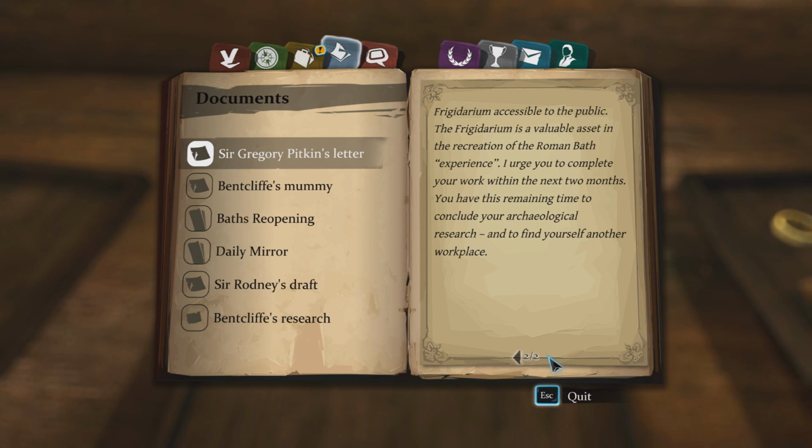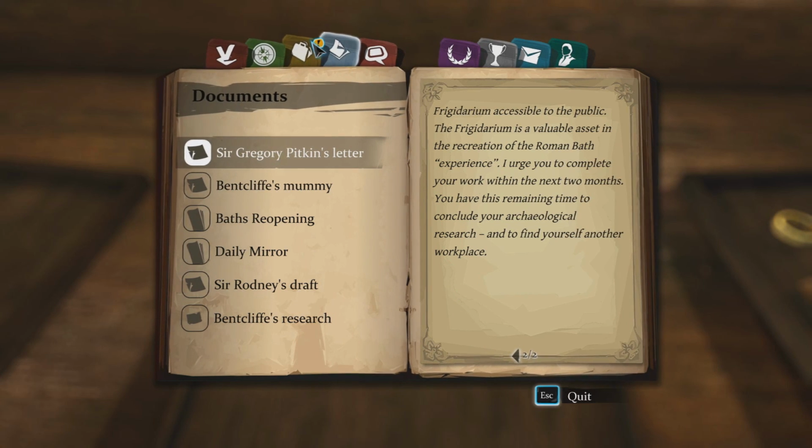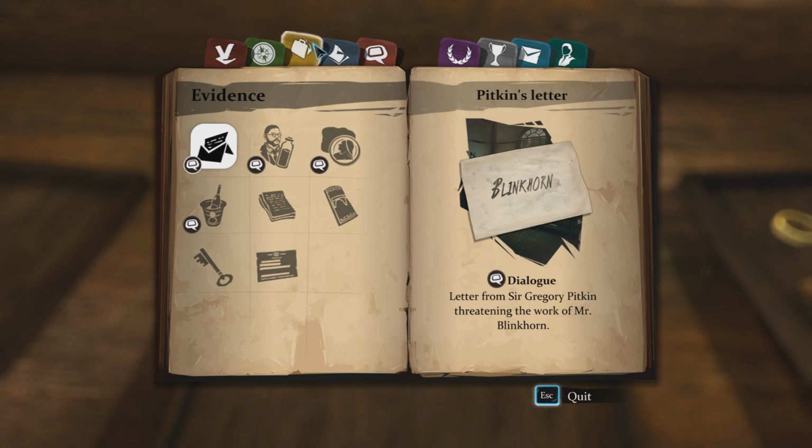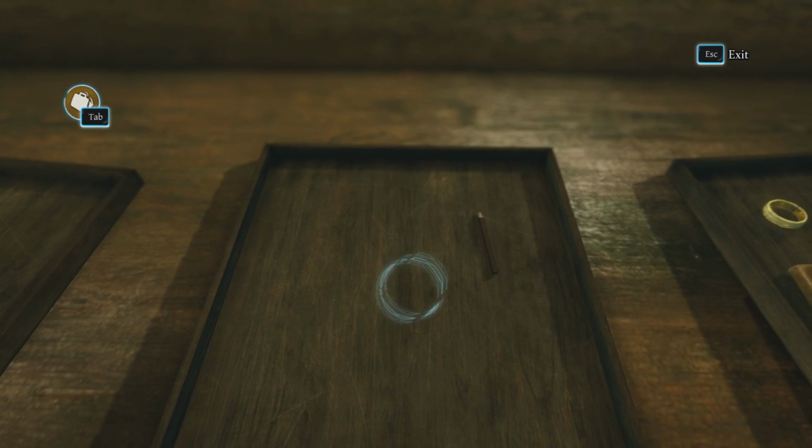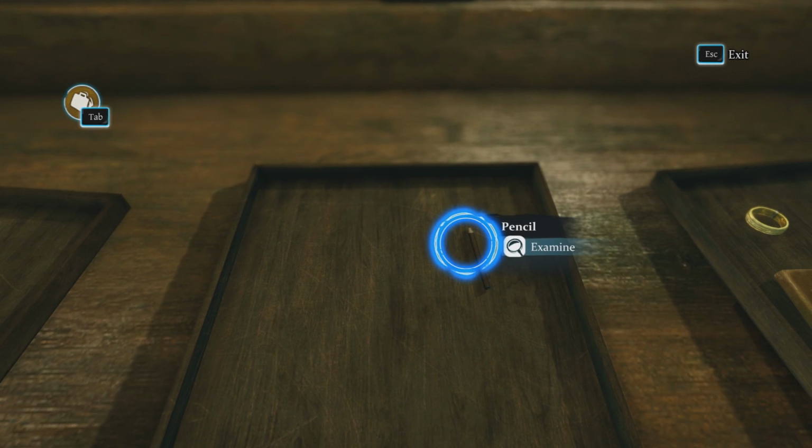The Frigidarium is a valuable asset in the recreation of the Roman bath experience. I urge you to complete your work within the next 2 months. You have this remaining time to conclude your archaeological research, and to find yourself another workplace. Wow. So basically, they were putting pressure on him to finish the excavation of the Frigidarium so they can finally let the public use it.